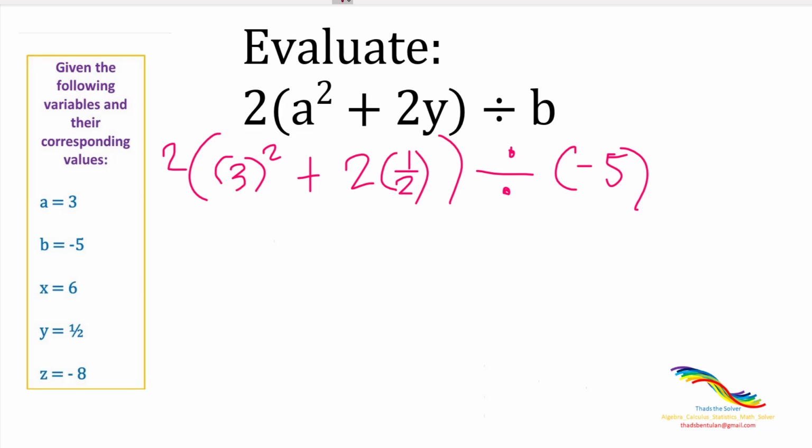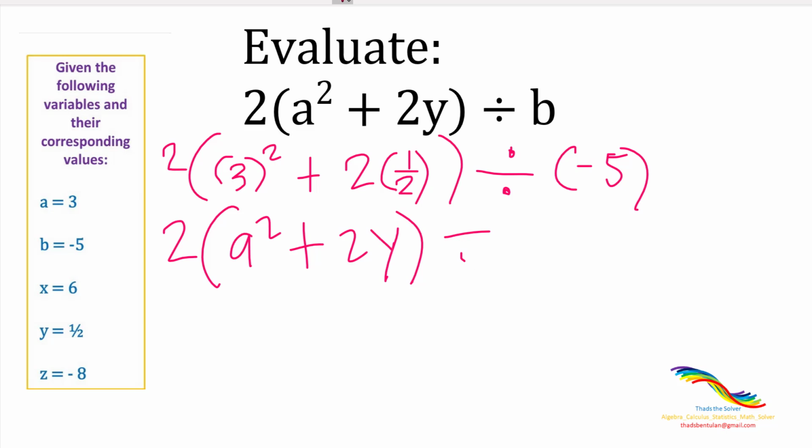So 2 times a squared plus 2y, divided by b, is equal to -4 if and only if a equals 3, y equals 1/2, and b equals -5.